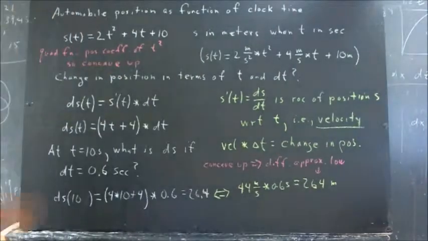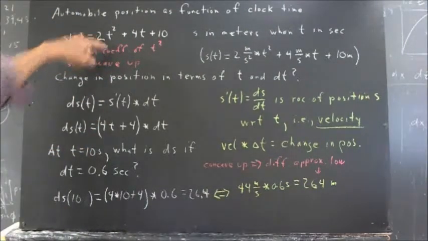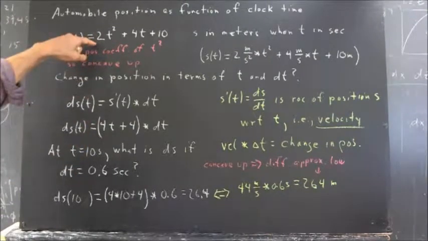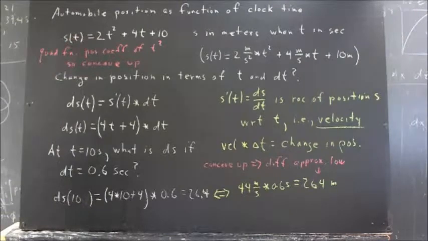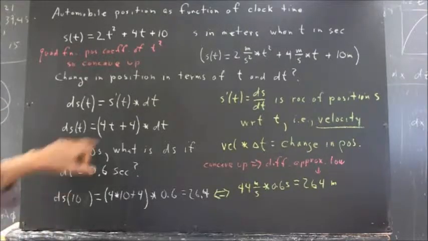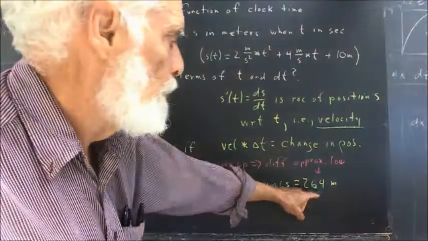So if we evaluate the position at 10 seconds and then at 0.6 seconds later, 10.6 seconds, we're going to get the actual change that we can compare with our approximation. We can also take our second derivative, which is 4, and use it to estimate by how much we would be low here.